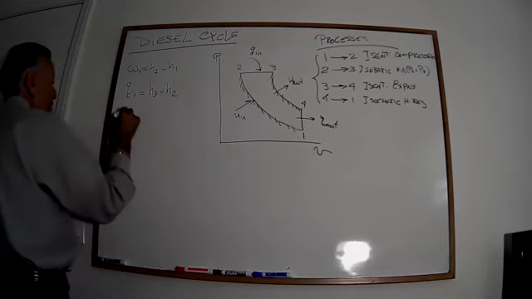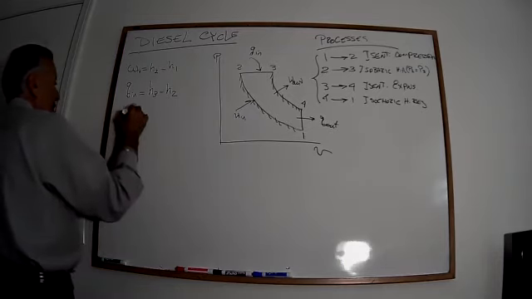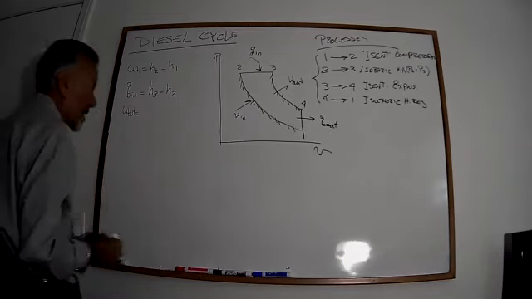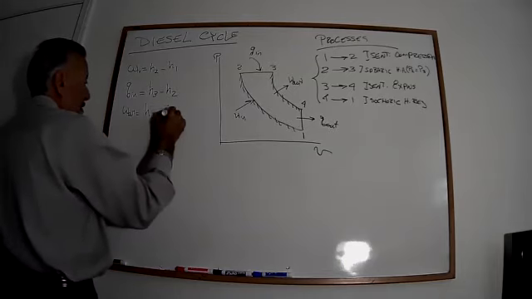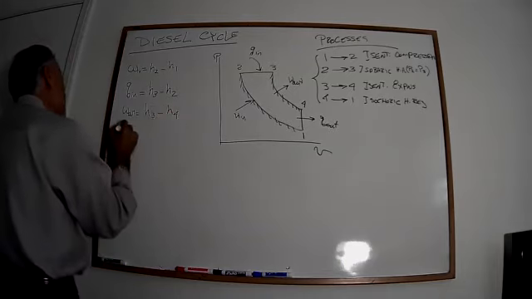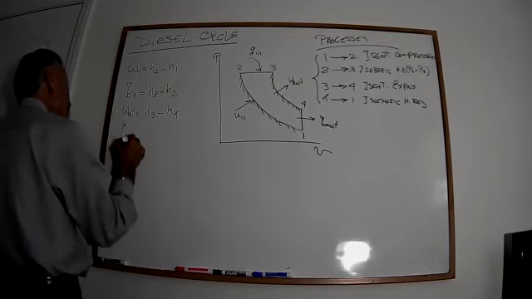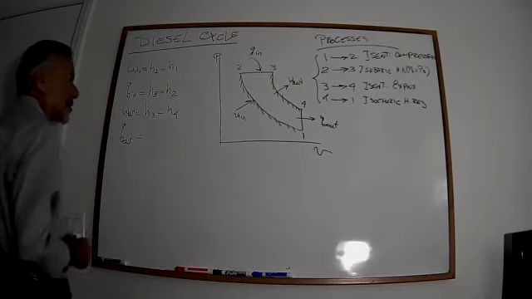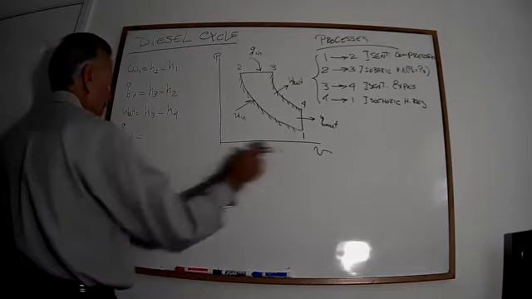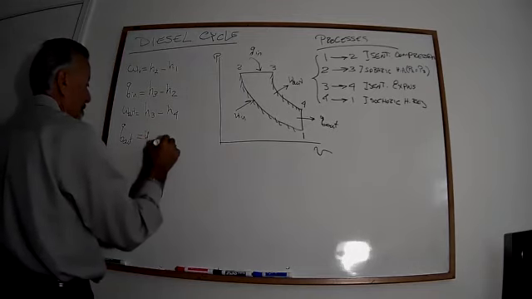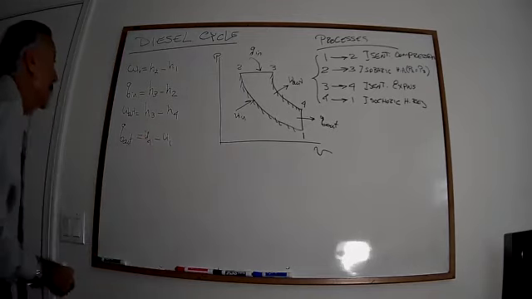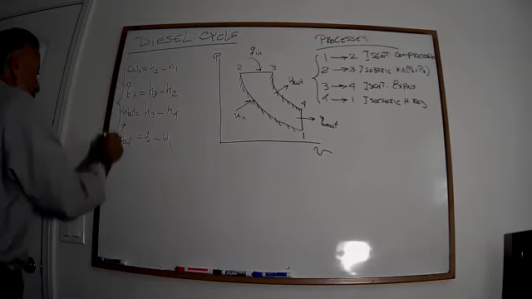Work out, isentropic, H3 minus H4. Q out is isochoric, constant volume, U4 minus U1. These are the values.